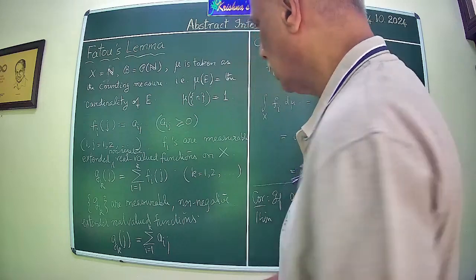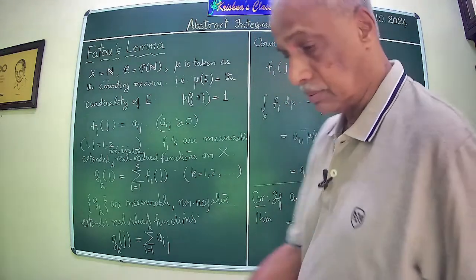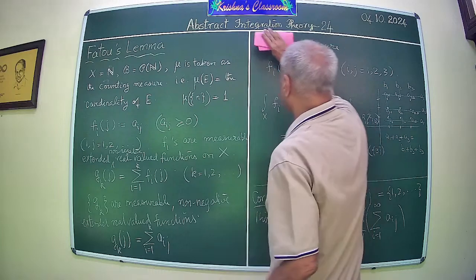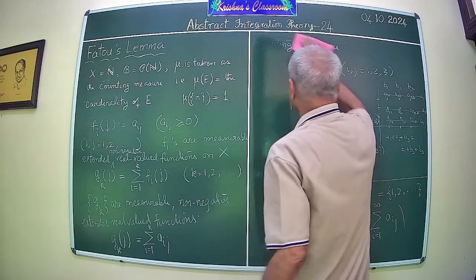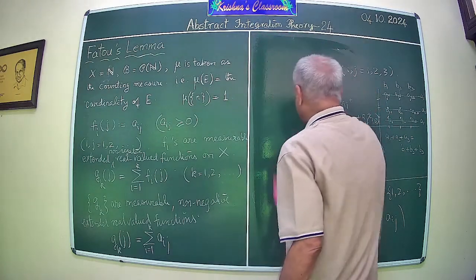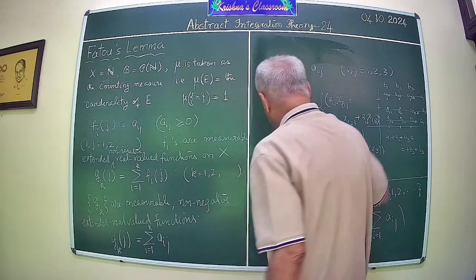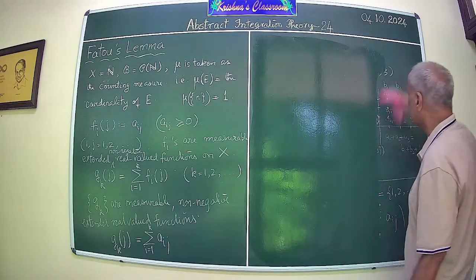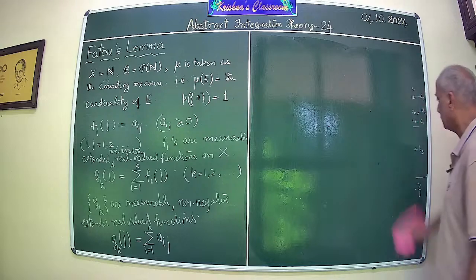Okay. Now what more information is required to apply the above theorem? Now you immediately see that g_k is a monotonically increasing function.